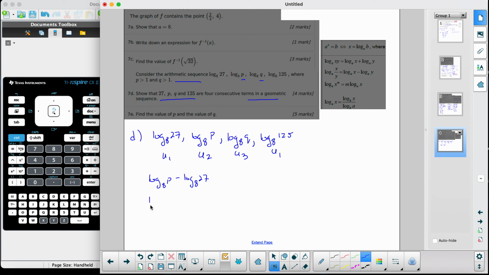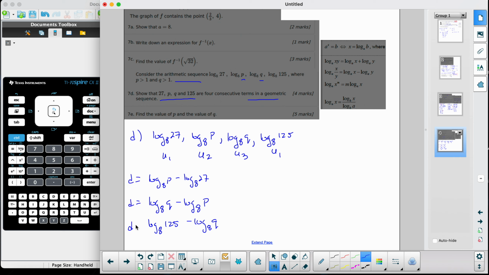We also know that log base 8 of Q minus log base 8 of P is the common difference. So these are all equal, right? Each of these is the same common difference. All of them are equal. And then lastly, we know that log base 8 of 125 minus log base 8 of Q is equal to the common difference. So they're all equal to each other.